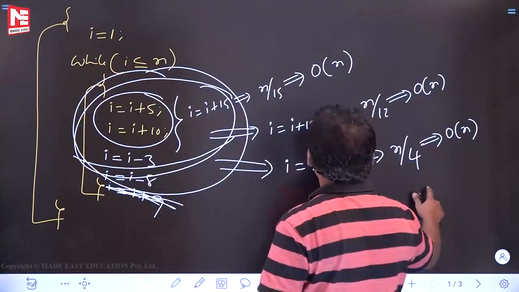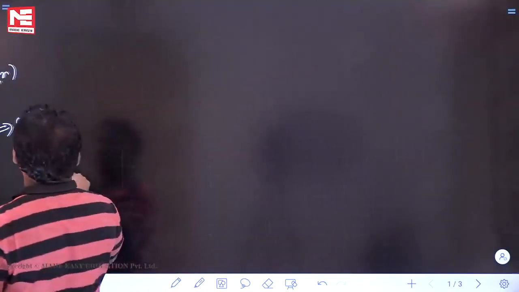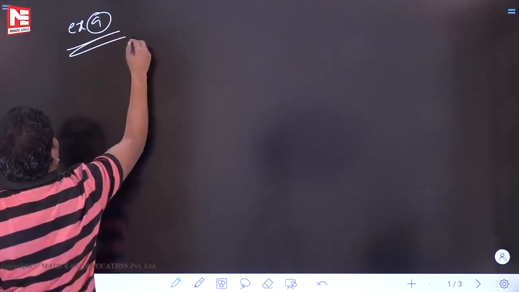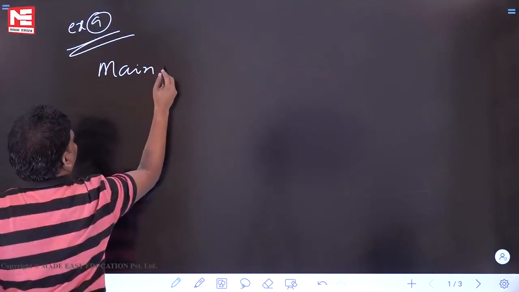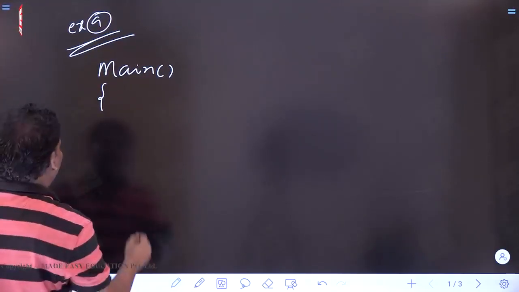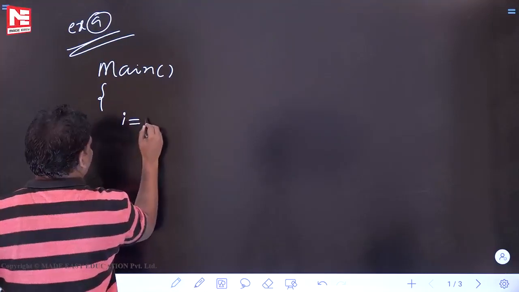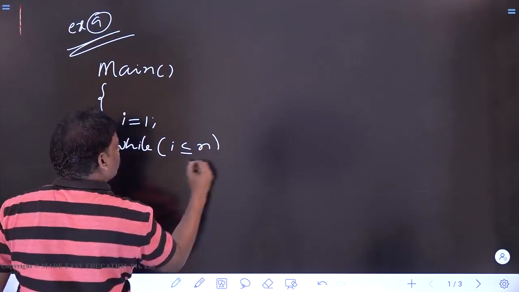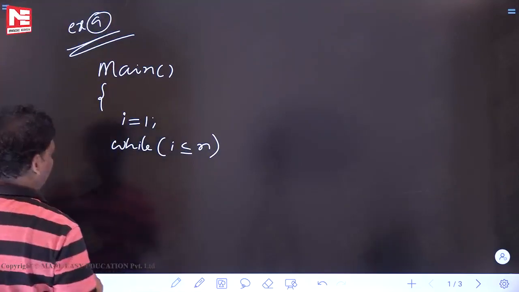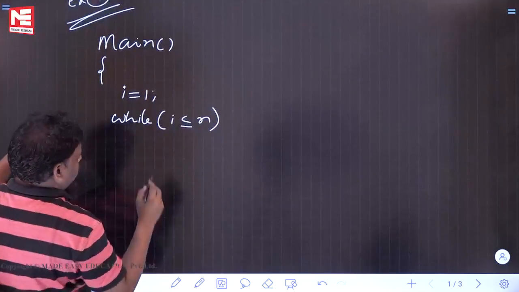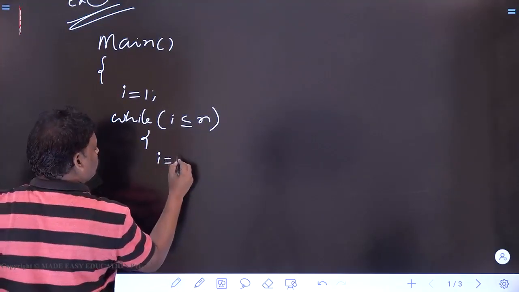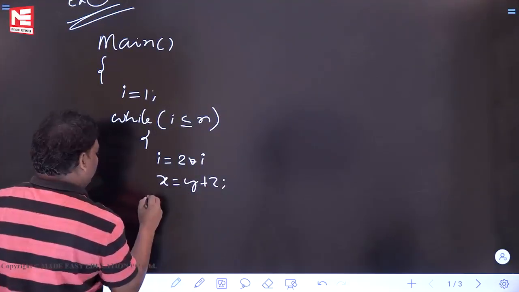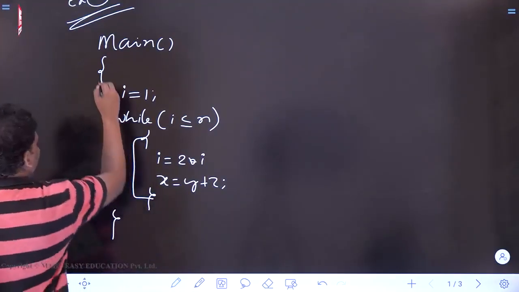Now go to the next one. Example 8 over. See example 9. I is equal to 1, while I less than or equal to n, I is equal to 2 into I. End of this problem.